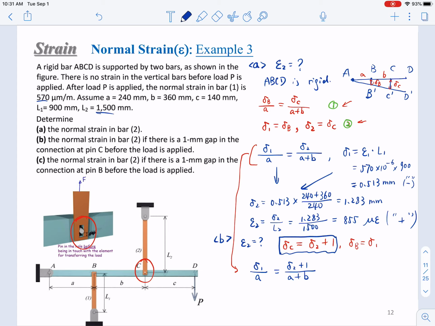Delta 2 equals 1.283. So in this equation, we should have a condition that delta 2 plus 1 equals 1.283.